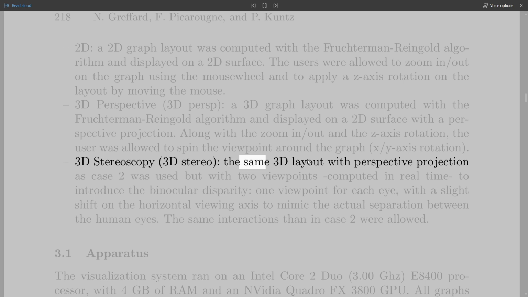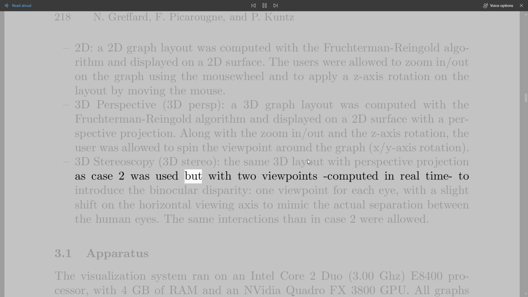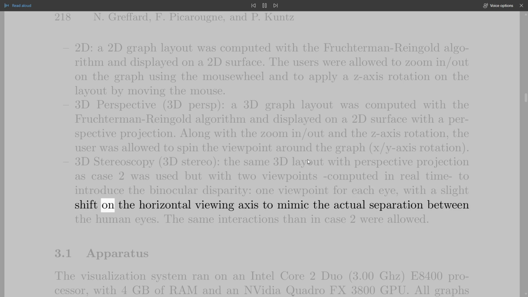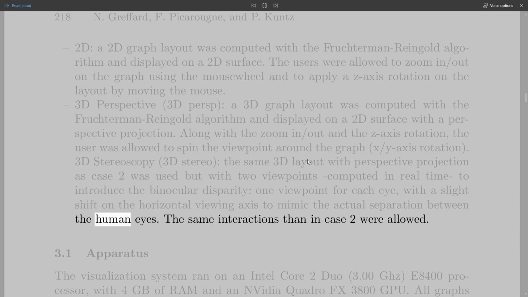The same 3D layout with perspective projection as case 2 was used, but with 2 viewpoints computed in real time, to introduce the binocular disparity, 1 viewpoint for each eye, with a slight shift on the horizontal viewing axis to mimic the actual separation between the human eyes. The same interactions as in case 2 were allowed.